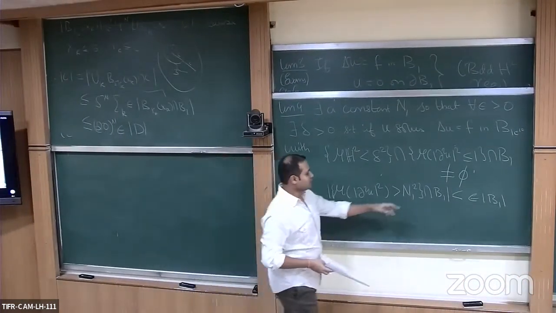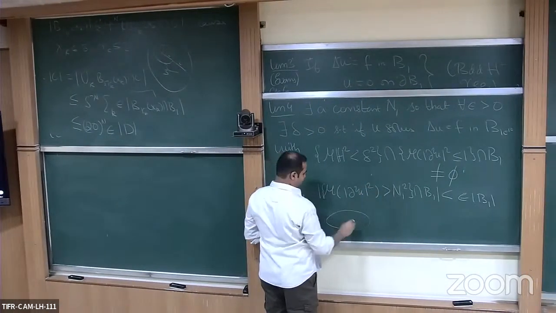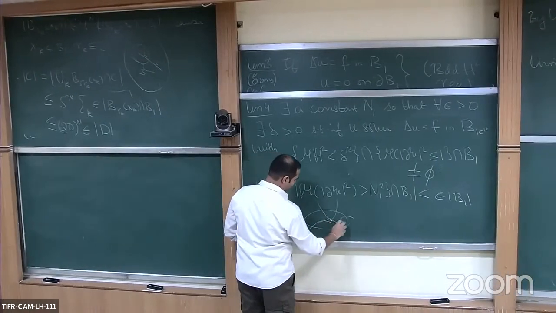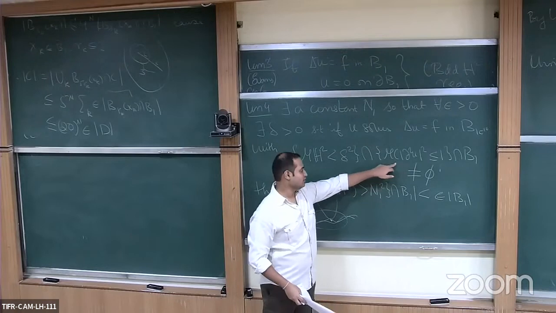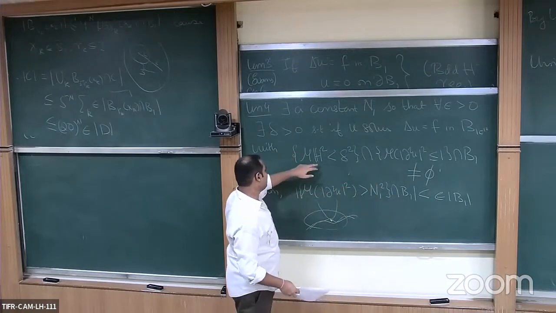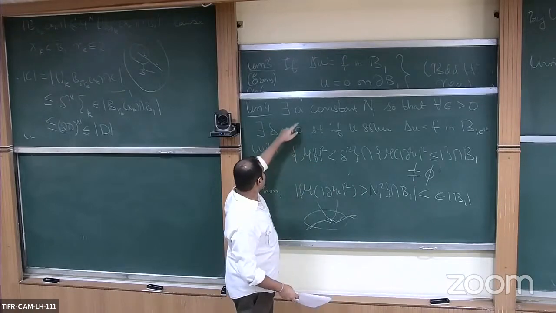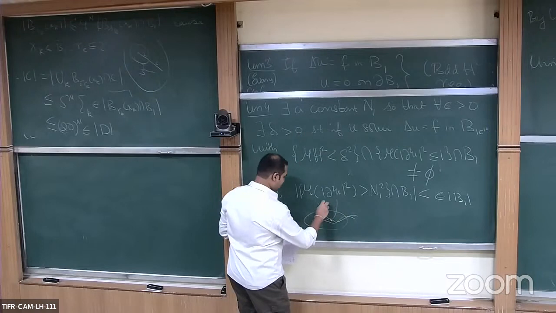That's the content of what we are saying. If I have a ball, and at some point in the ball I have control, and my right hand side is not too large, then the function can't cross this. It can't become like 2.